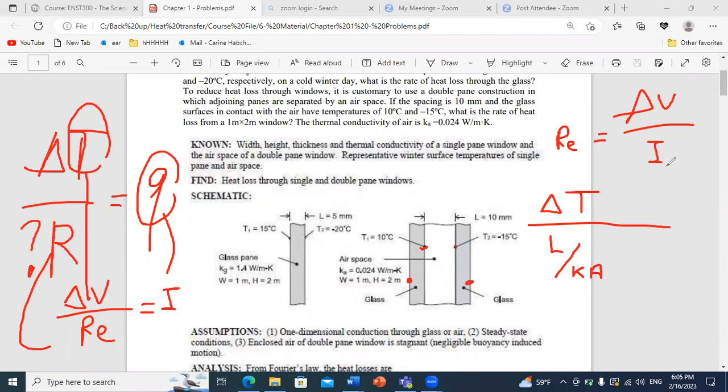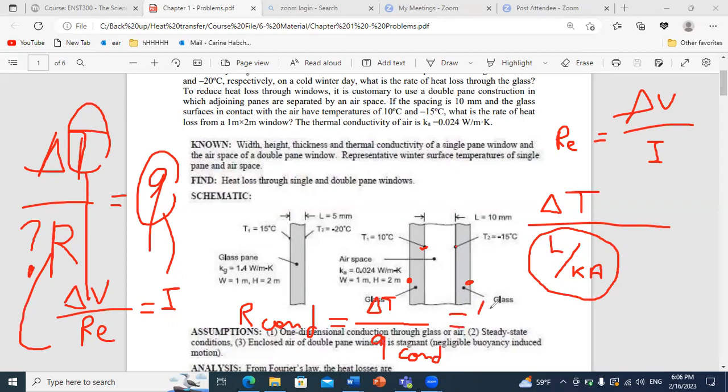If you want, you can demonstrate that the resistance is of this form by deriving R of conduction. If we go back to the formula, R of conduction should be equal to delta T over Q conduction.